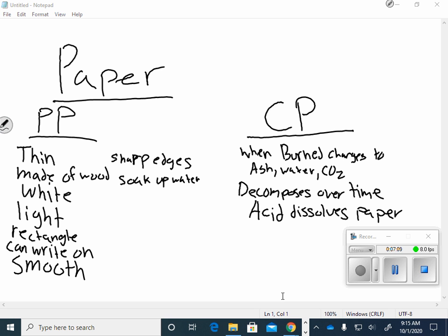Yeah, Riker? Like the water spreads? Okay, so that's more of a physical property of it. I would say can disperse water.